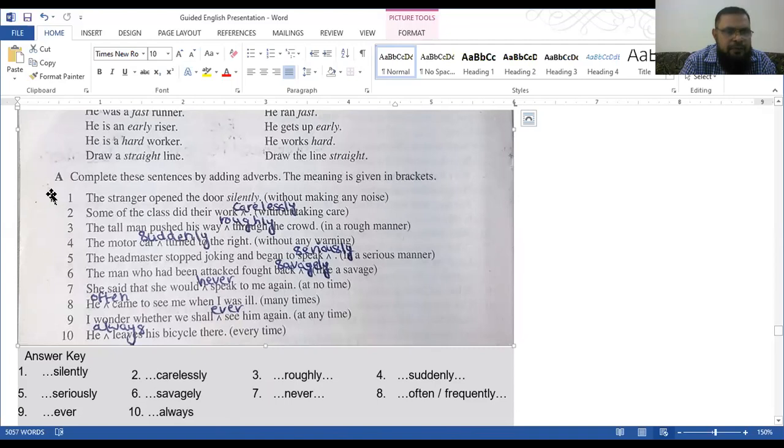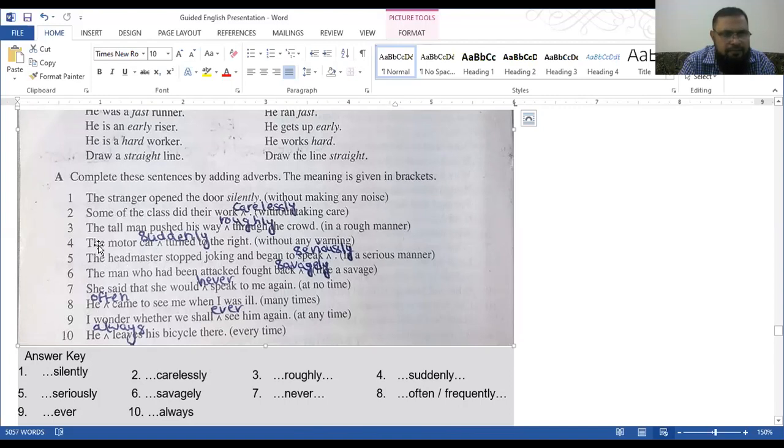Exercise A. Complete these sentences. Number one, the stranger opened the door silently, so without making any noise. Silently is already done. Number two, some of the class did their work without taking care, carelessly. Yes, it's right.